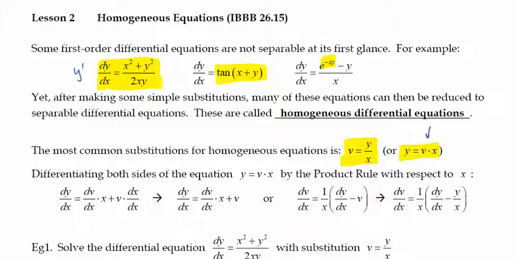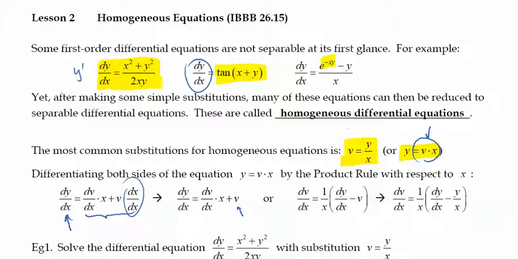Now with y equals vx, as you make your substitution, your dy/dx will turn into something else in terms of v and x instead. Using product rule, your dy/dx will then turn into these two terms. As you simplify dx/dx, your second term will simply turn into v.